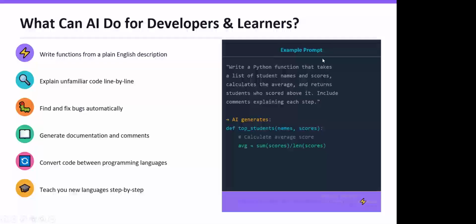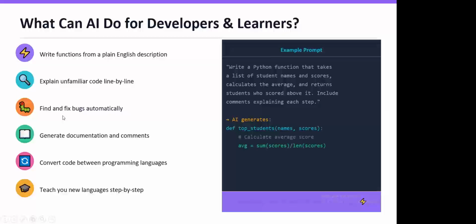For example, the prompt: write a Python function that takes a list of student names and scores. That is plain English, no code inside, but the AI can generate a function that does everything asked. And if you don't understand what the function is about, you can ask the model, let's say ChatGPT or Gemini, to explain the code line by line. In this case, you are actually learning something from it.